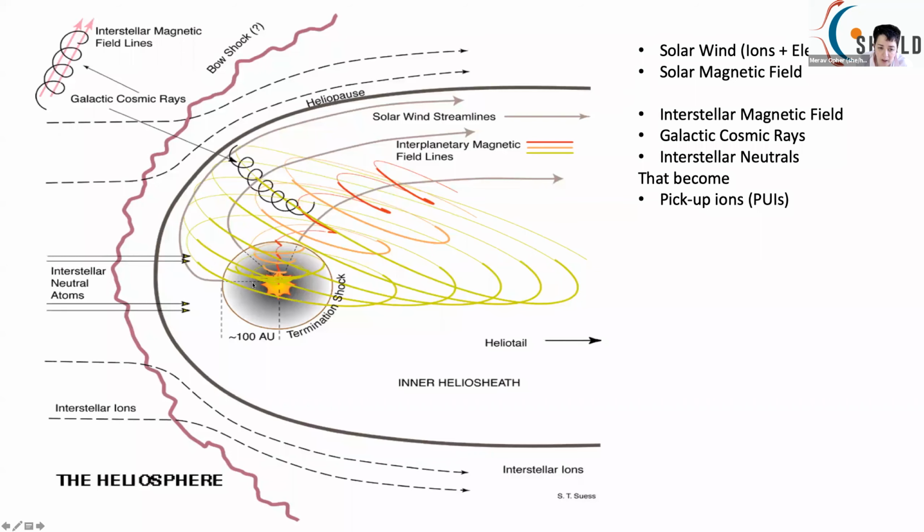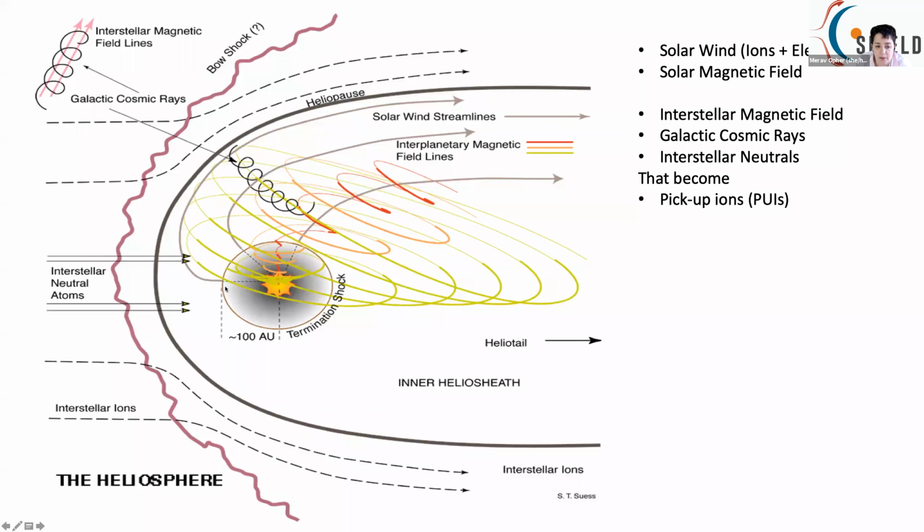It's around 100 AU. And if you remember, I said the heliosphere is 127 AU. You figure out that this distance between the termination shock and the edge of the heliosphere, that we call the Heliopause, is much thinner. So this picture here is not to scale. This Heliopause should be closer like this. It's 27 AU. It's very thin, at least in the nose direction.